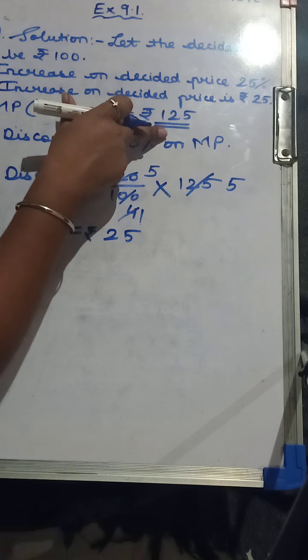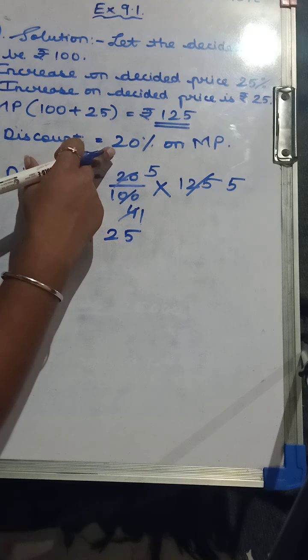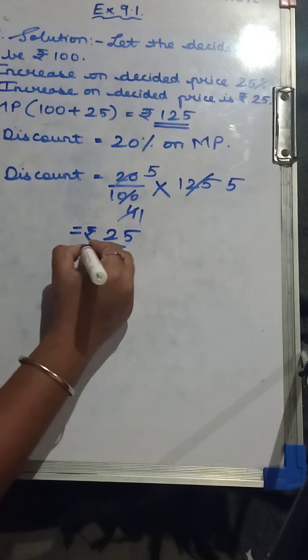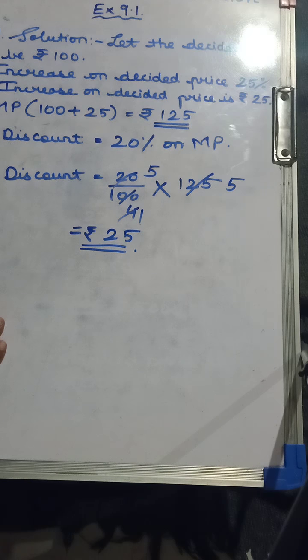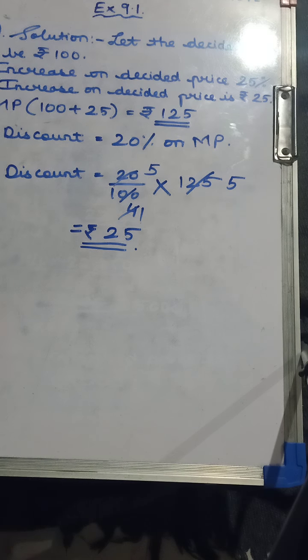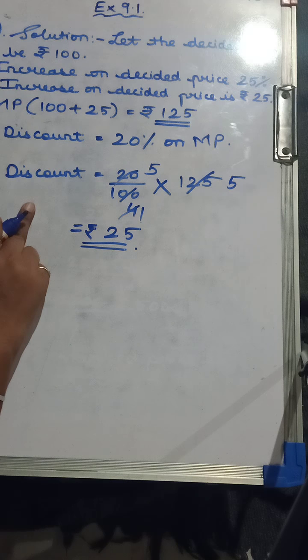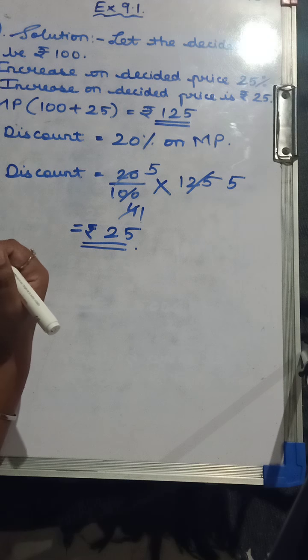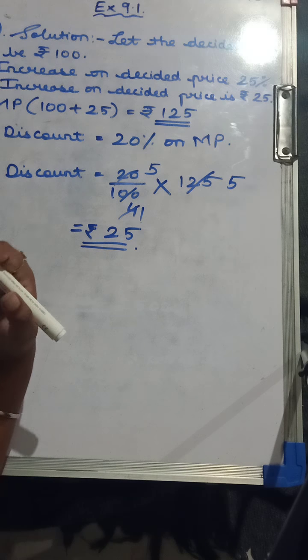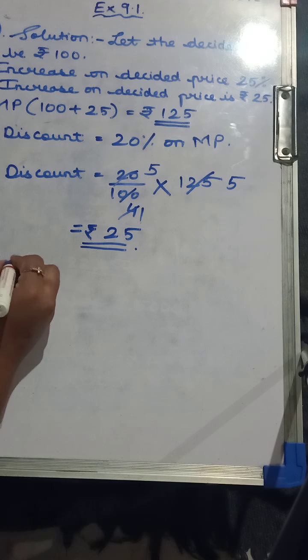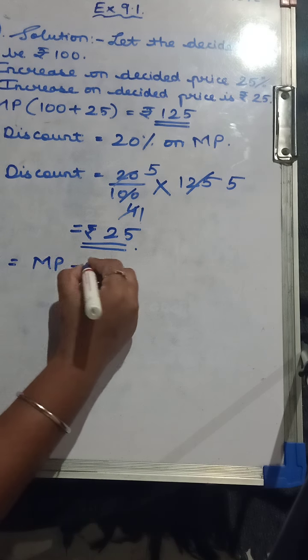So the mark price was 125. He gave a discount of 20%. After finding that, we got the discount as rupees 25. Now we have the discount with us. With the help of the discount, we are going to cross-check whether the amount increases or decreases. So we take SP is equal to MP minus discount.